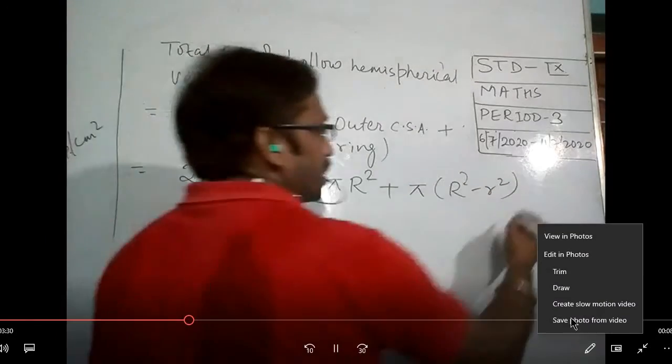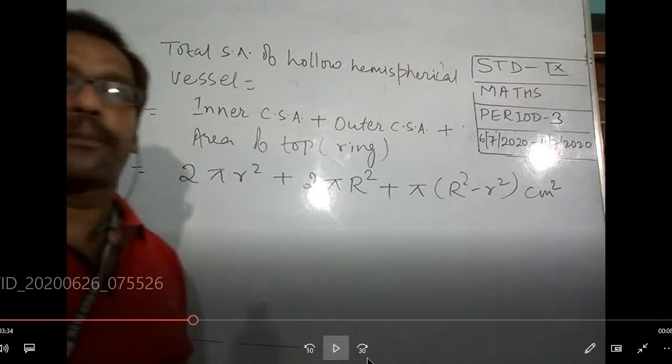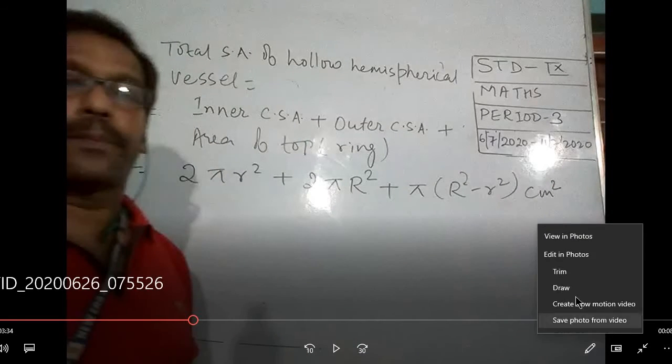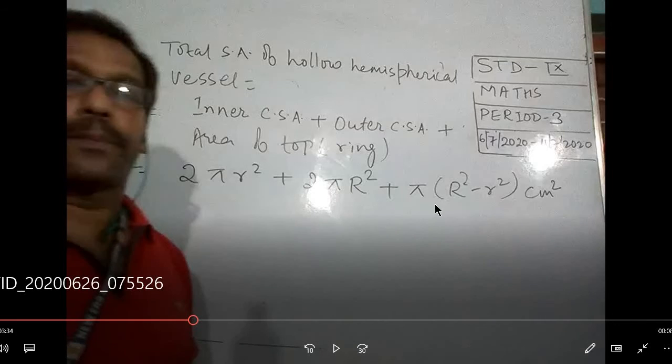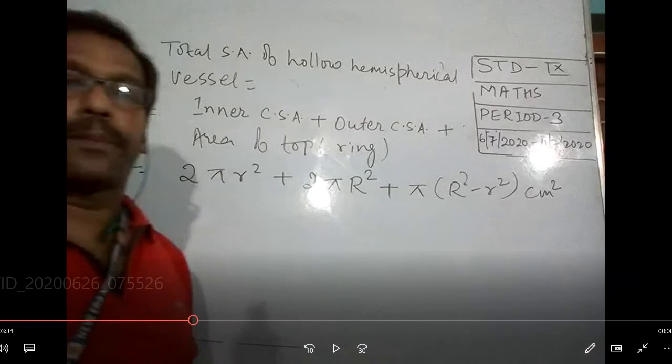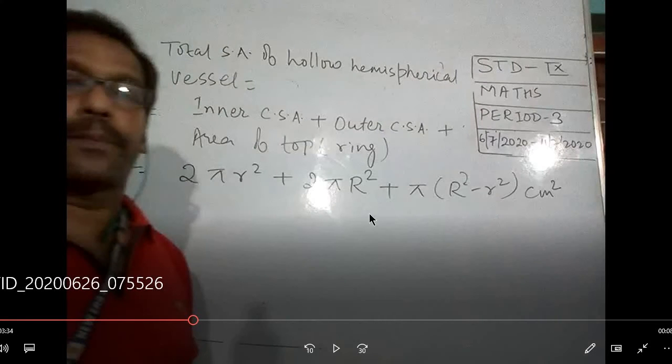This is the area of the ring. This part is called the area of the top. Okay, so now solve this.